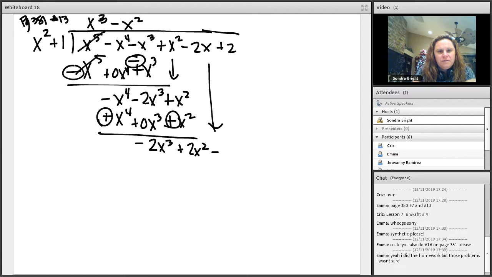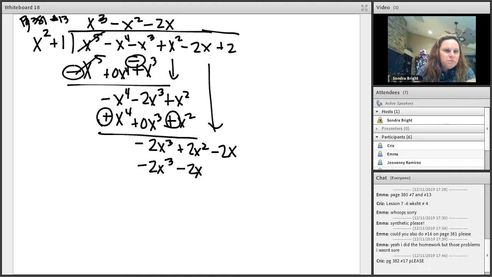Bring that down. That will be a negative 2x, which will give you a negative 2x cubed minus 2. Minus 2x. This is going to be like a 0x squared.